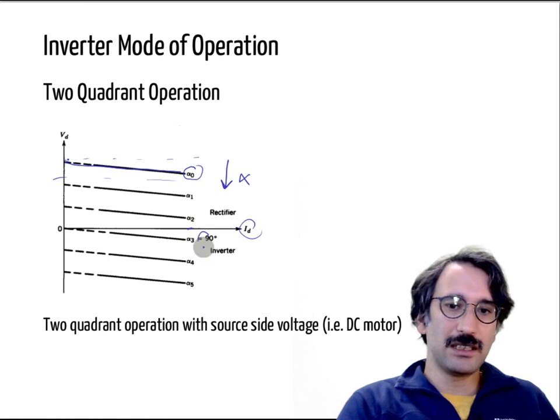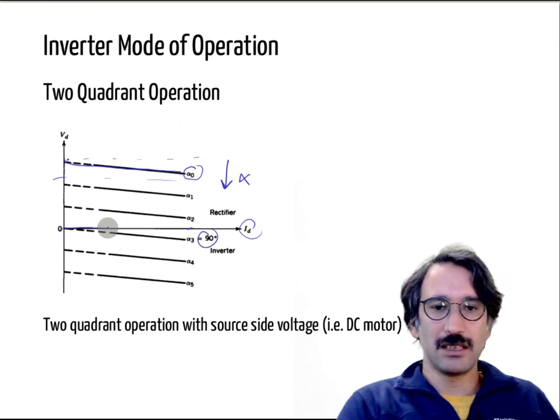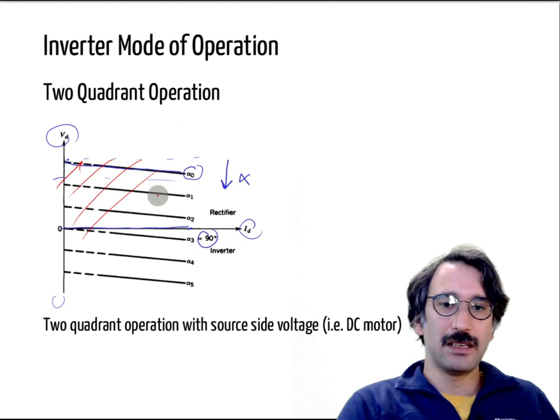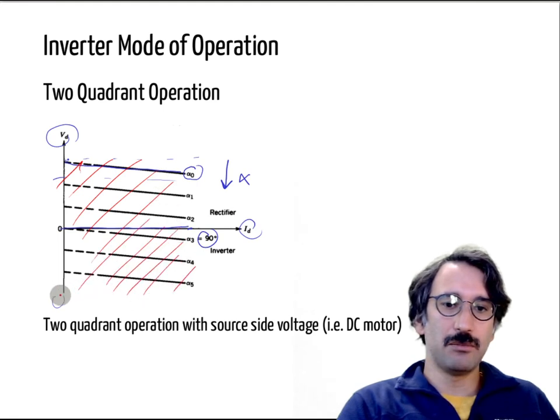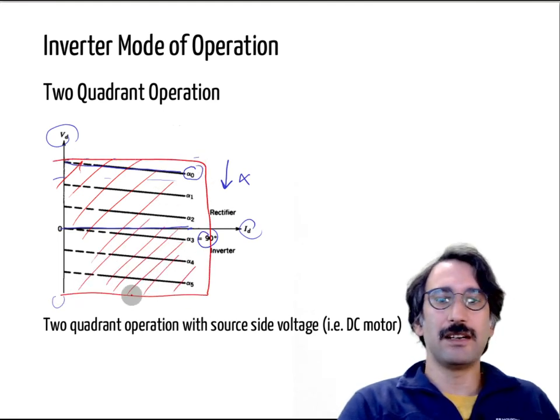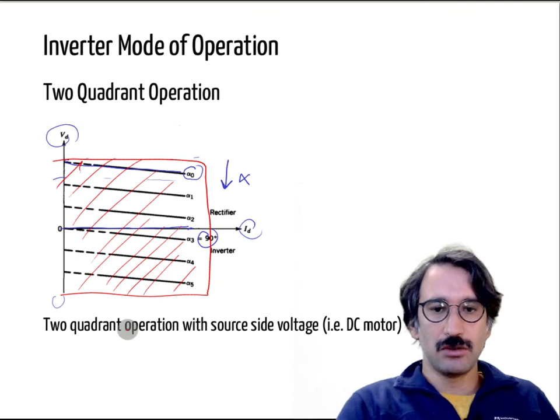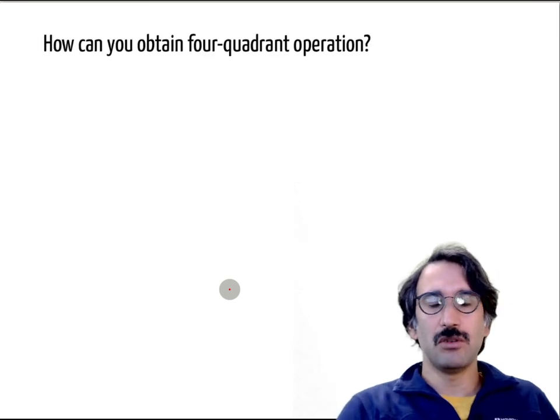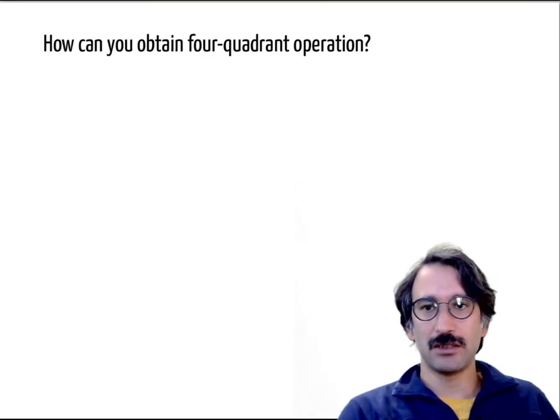In an ideal case, at 90 degrees it will be 0 voltage, and if you go below, it goes like this. So this is the first quadrant, this is the fourth quadrant, and you can span any point in that area. So it is possible to drive a motor with 2-quadrant operation. How can you obtain a 4-quadrant operation?